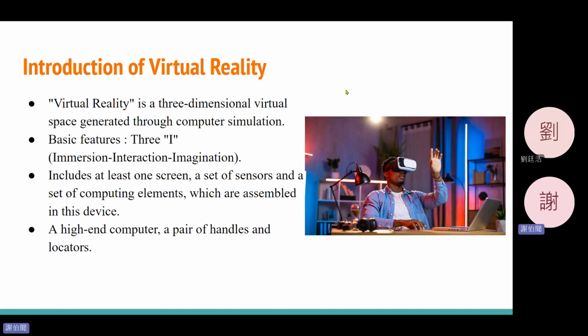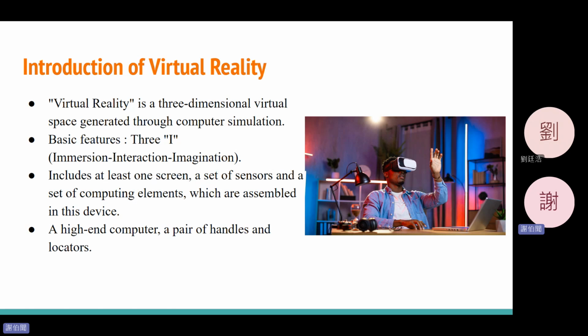So a virtual reality is a three-dimensional virtual space generated through computer simulation, in which users can explore things and even interact with them. This technology has the following three basic features, 3I, and it contains immersion, interaction, imagination.